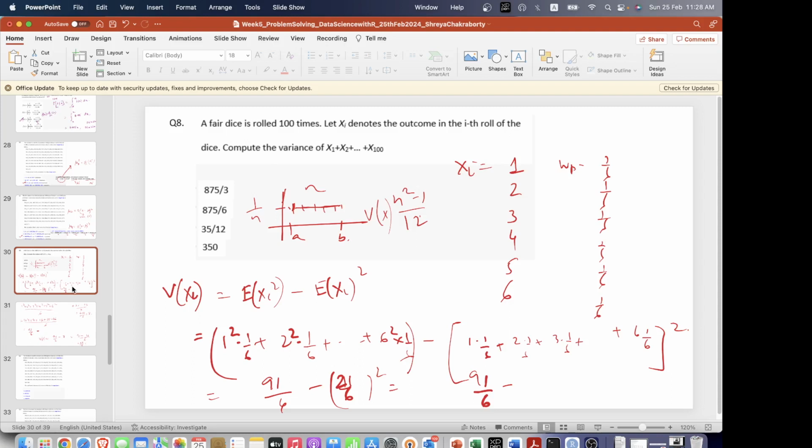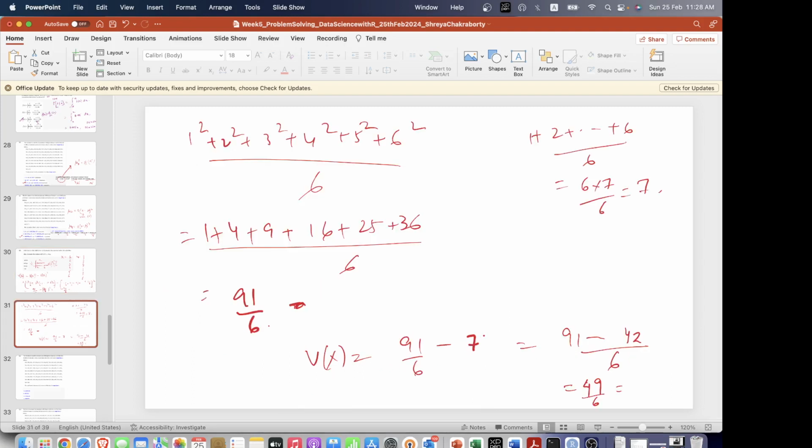Alright. So this would be 1 by 6 into 7 whole square, denominator would be 36. So this would be 36 and this would be 441, if I'm not wrong. It's coming to 441.